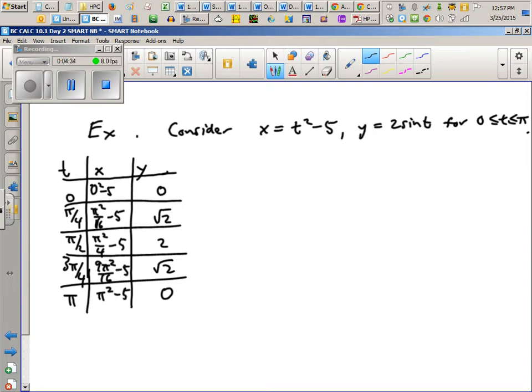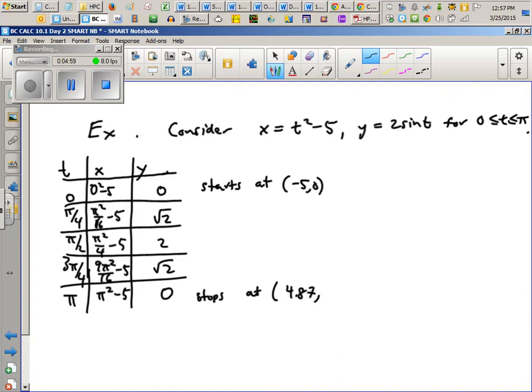But one thing's for sure, our starting point is at (negative 5, 0) and our ending point is at (pi squared minus 5, 0). So let me calculate at least pi squared minus 5. We'll just have one point. The calculator will do the rest. So this is 4.870.